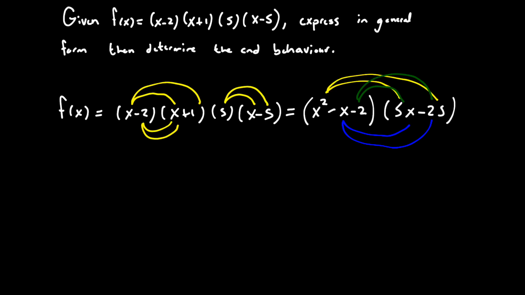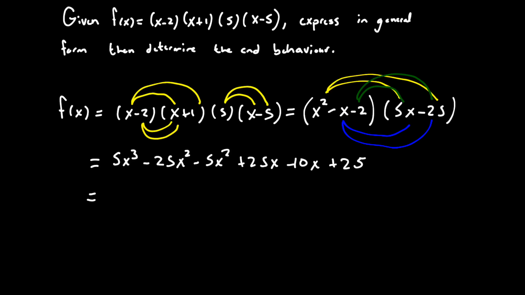Simplifying this, we should get that this is going to be equal to 5x cubed minus 25x squared minus 5x squared plus 25x minus 10x plus 25. Simplifying this, we'll get that this is going to be 5x cubed minus 30x squared plus 15x plus 25. Here we see that the leading term is 5x cubed.